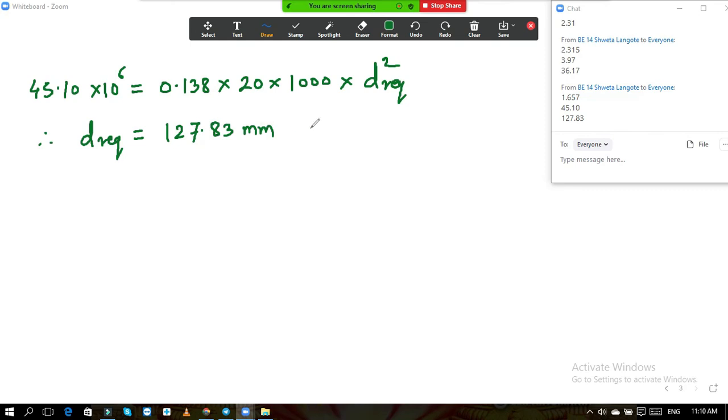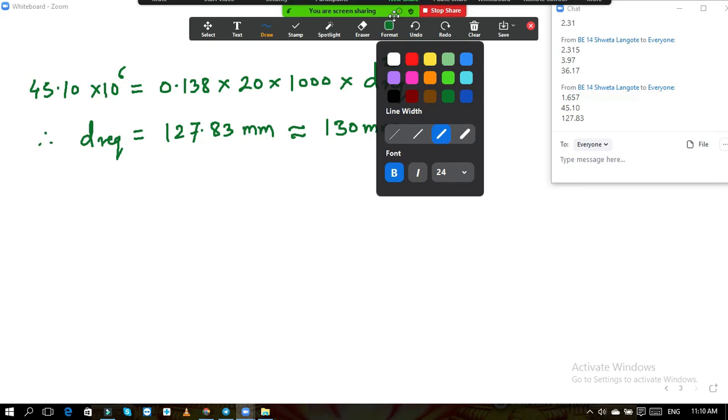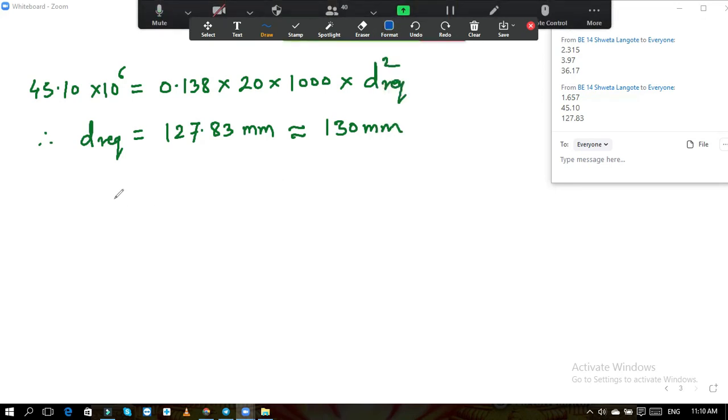If we round this, it is nearly equal to 130 mm. What we have provided is 180 mm, I think. So our d provided is greater than d required. Hence it is safe.